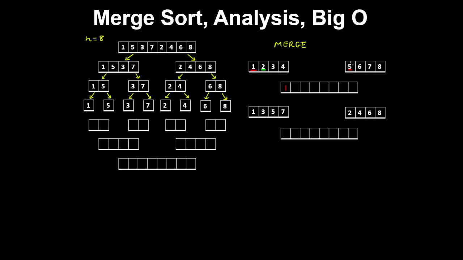And then 2 gets compared with 5, and 2 is less than 5, so 2 gets placed in the merged array, and the iterator shifts to the right. And then 3 gets compared with 5, and 3 gets placed in the merged array. And again the iterator shifts to the right, and then 4 gets compared with 5, and 4 is less than 5, so that gets placed in the merged array, and we run out of elements in the first array to compare.